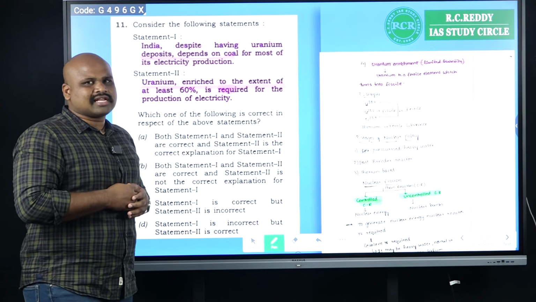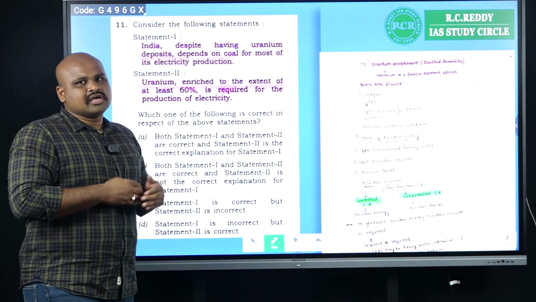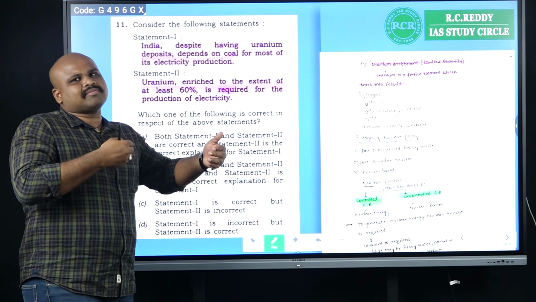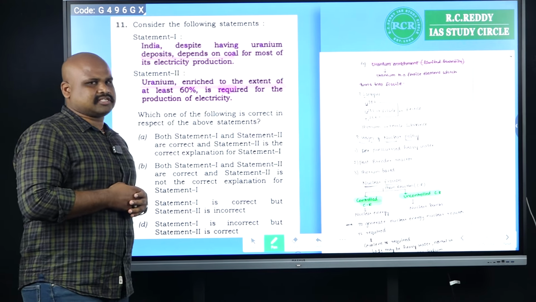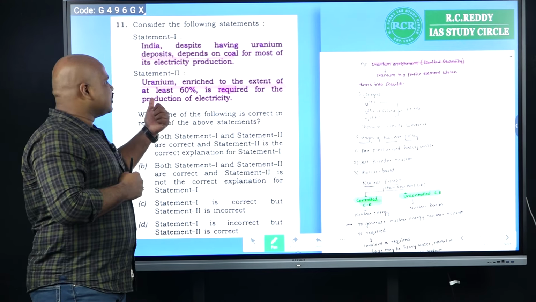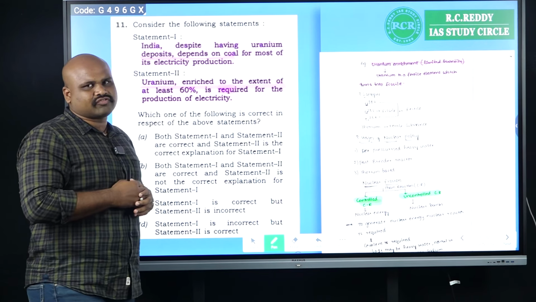In the PYQ analysis, as we see the questions from coal and energy being repeated, those dimensions were discussed, and thermal power constituting more than 55% of Indian energy basket. And the second dimension, uranium enrichment to the extent of at least 60% is required for the production of electricity.